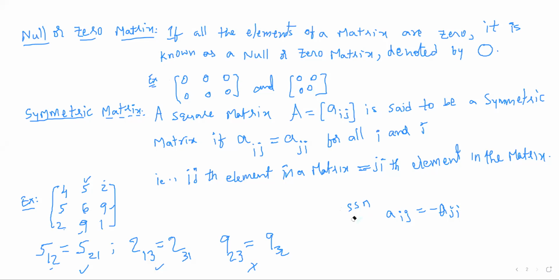Okay, let us define clearly the definition of skew symmetric matrix. So the next type of matrix is the skew symmetric matrix.